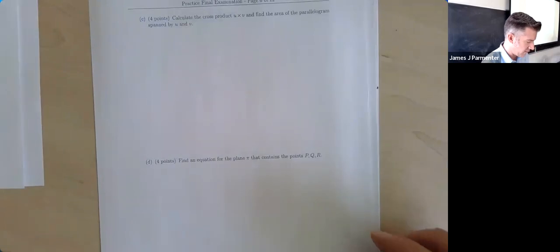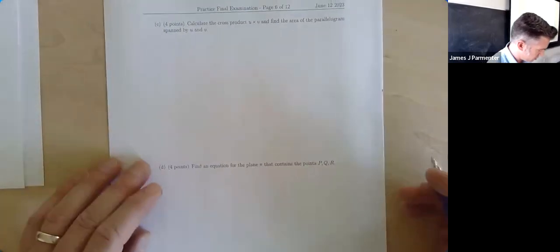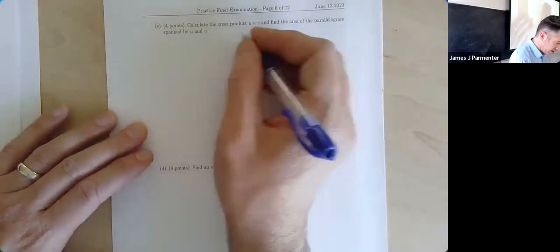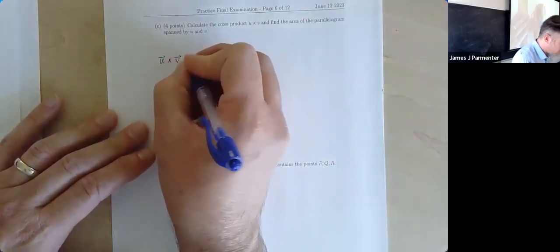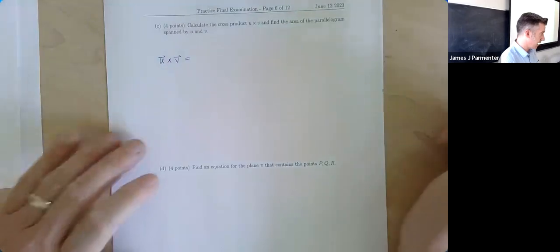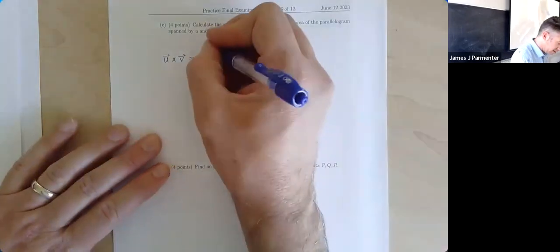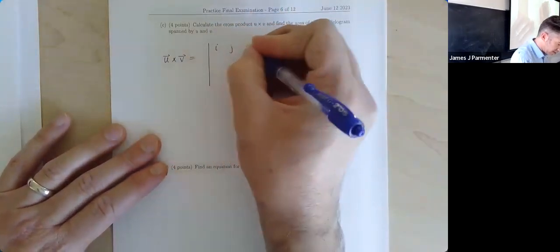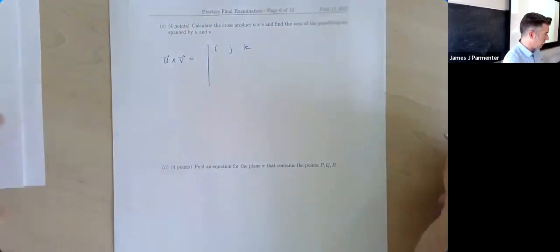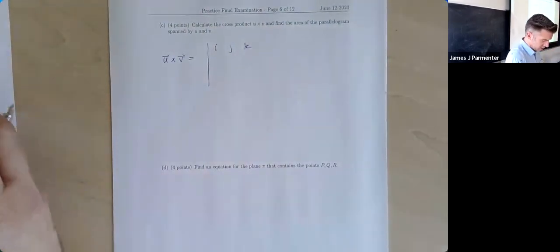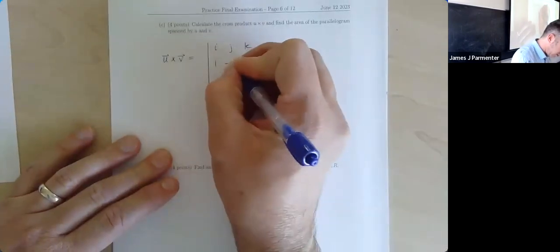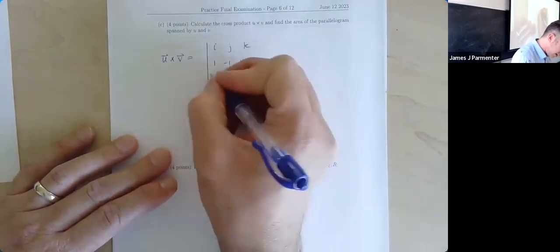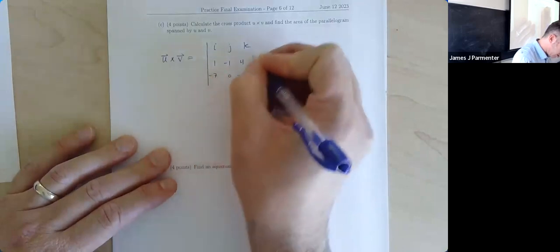Calculate the cross product and find the area of the parallelogram. I will point out, he does specifically ask us to find u cross v, which I have to imagine is going to come out to be negative, because otherwise it's just the answer. So we've got i, j, k, we've got u, which is 1, -1, 4, and v, which is -7, 0, -1.